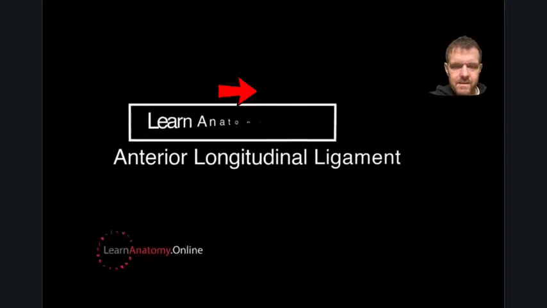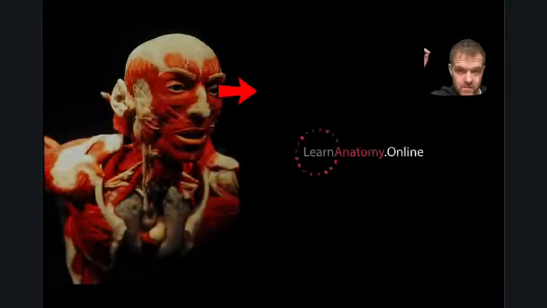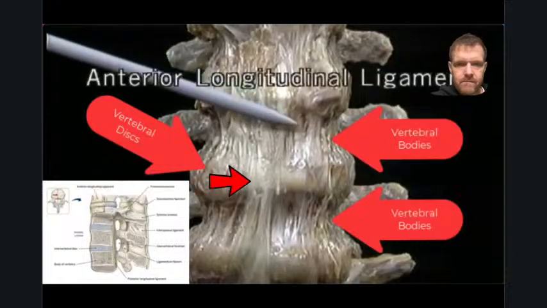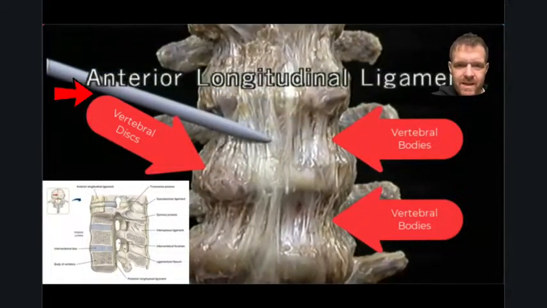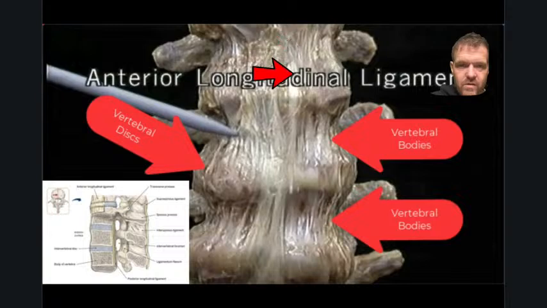So let's have a look at that one. Just get rid of those. Here we go. This is the anterior longitudinal, the one at the front and the one that's long. And here we go. Again, it's not as pretty as it looks in the books. You can easily tell what it is, but obviously they've removed a lot of other soft tissue around this area.